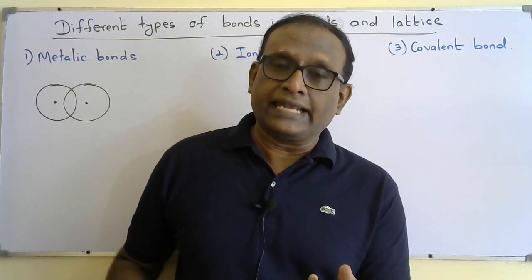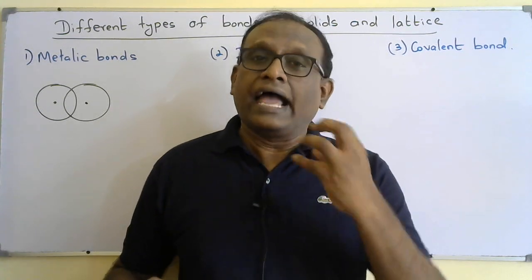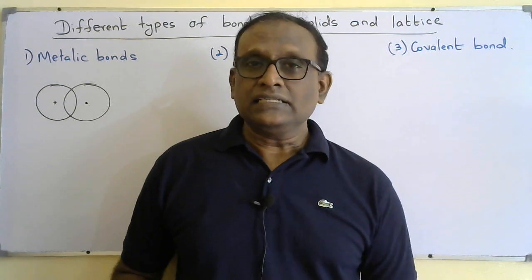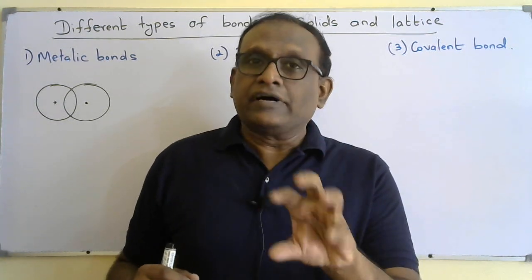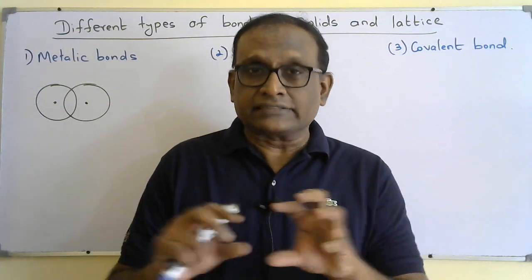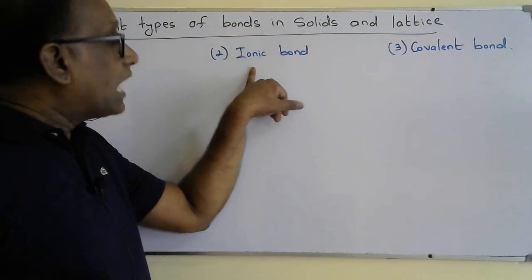The non-metallic atom will gain the electron lost by the metallic atom, and the non-metallic atom will become a negative ion. So there are the positive ion metallic atom and the negative ion non-metallic atom. Among them there will be electrostatic attractive force. That electrostatic attractive force forms the ionic bond.